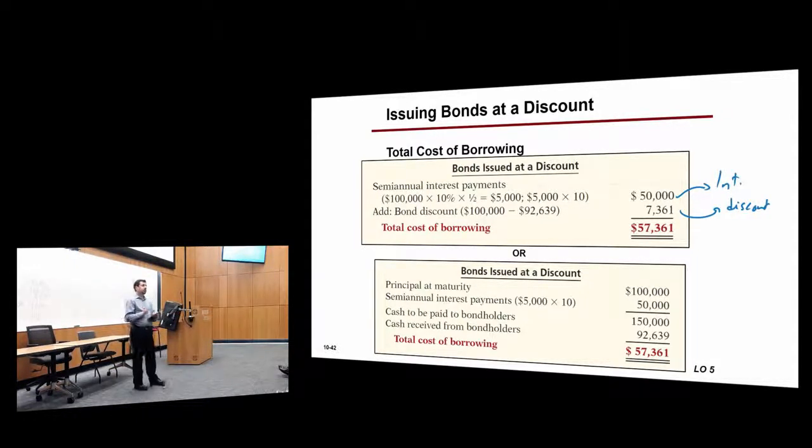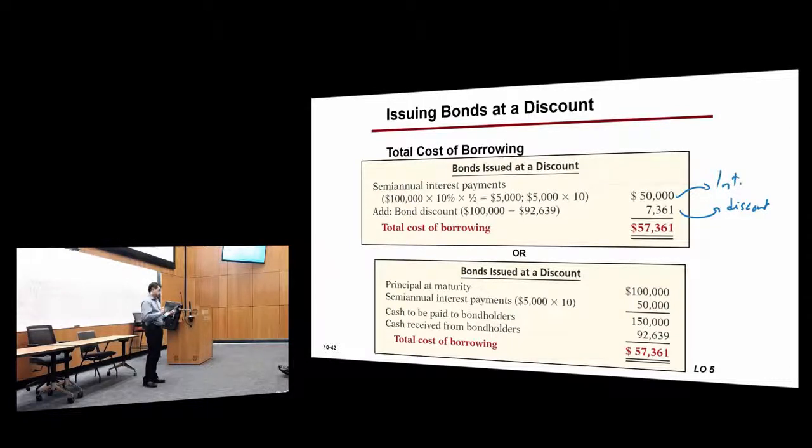The cost, if it were at face value, the company will get $100,000 when they issue the bonds, and because it's 5 years, the payment is semi-annual. It's $5,000. That will make it $50,000 in interest. So the cost of borrowing would be $50,000, because 5 years later the company will have to return the $100,000.